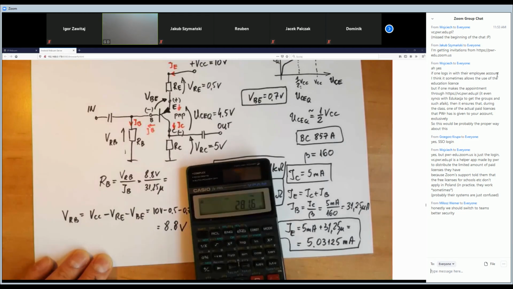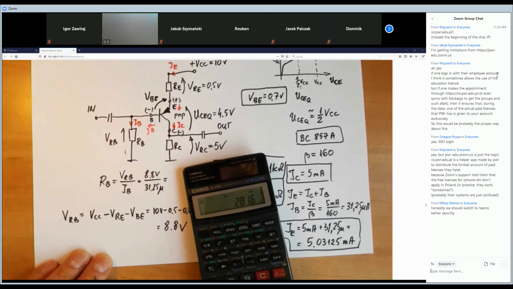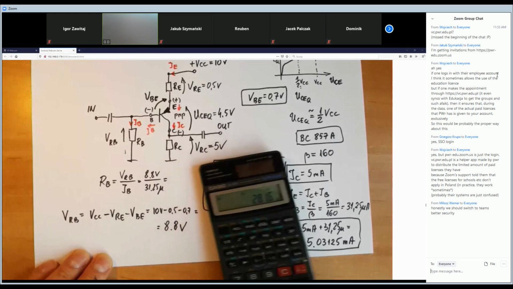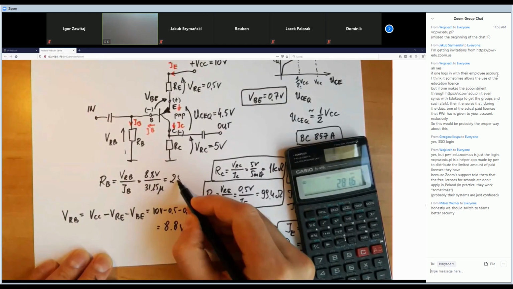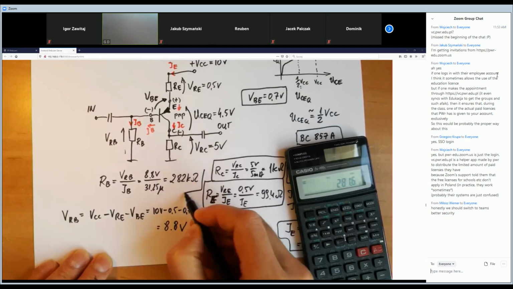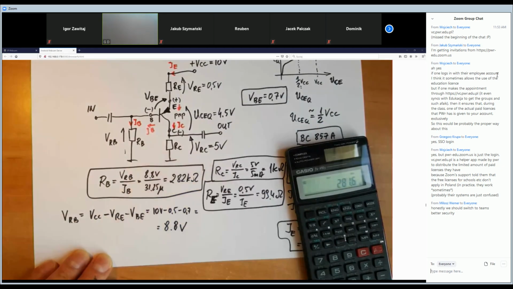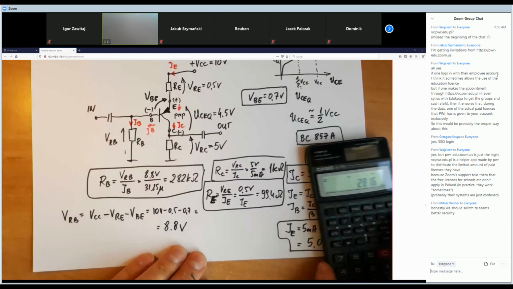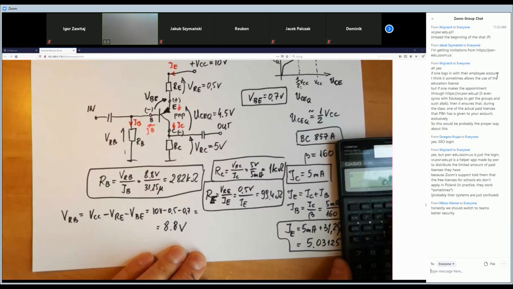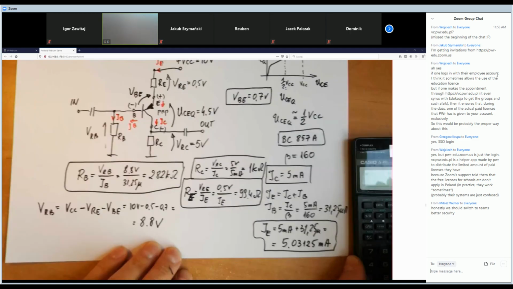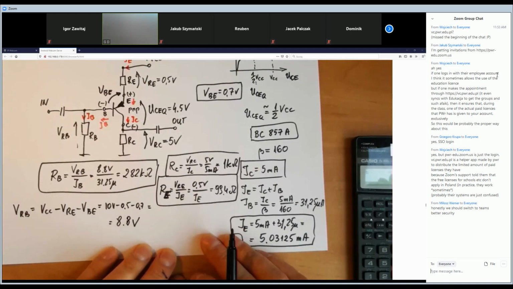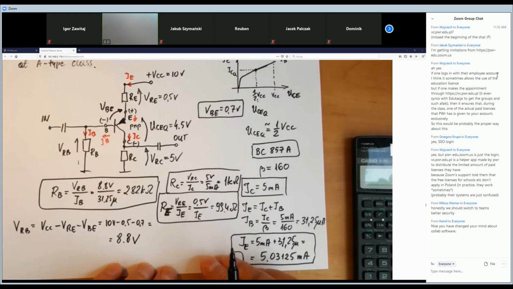As you see, this is around 282 kilo ohms. Great. So we've got all the resistances. We got it. What else? That's all.